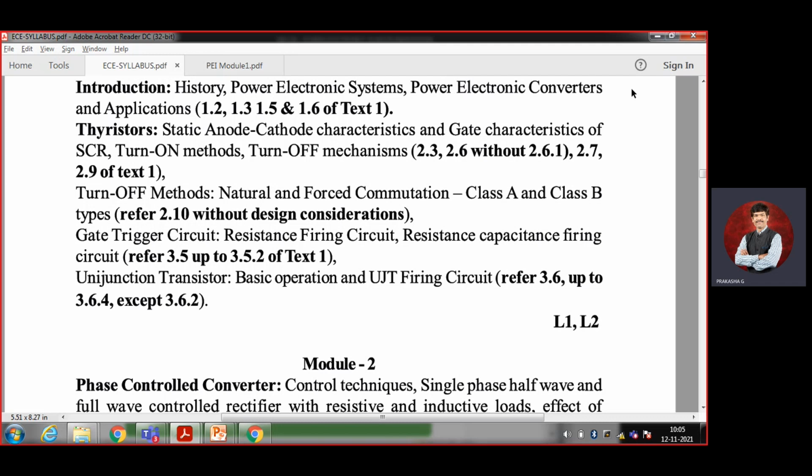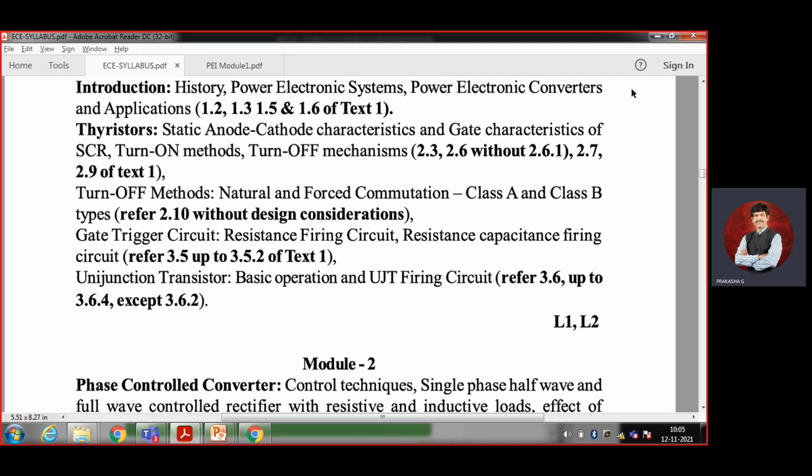In between, 2.4 and 2.5 are there, but we are not using them. Even in 2.6, there is one sub-component in the subtopic that we are supposed not to touch. And then 2.7 and 2.9. These are the topics we are supposed to concentrate on, and these are definite questions in the examinations.